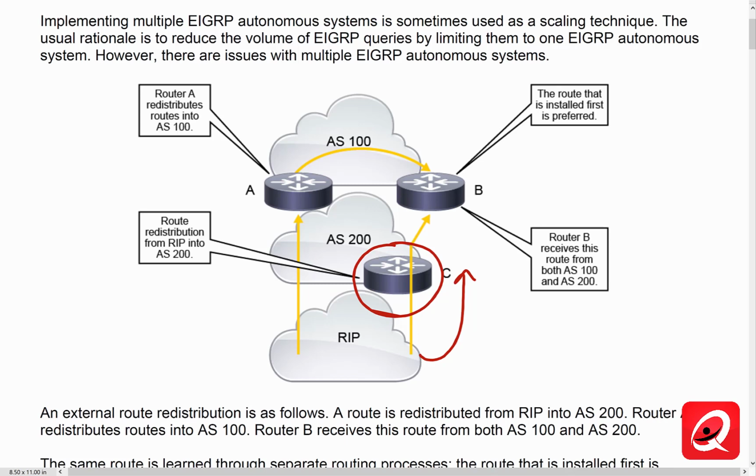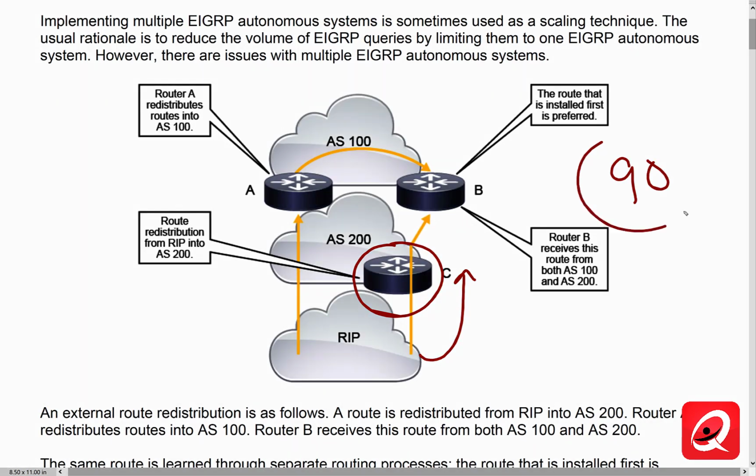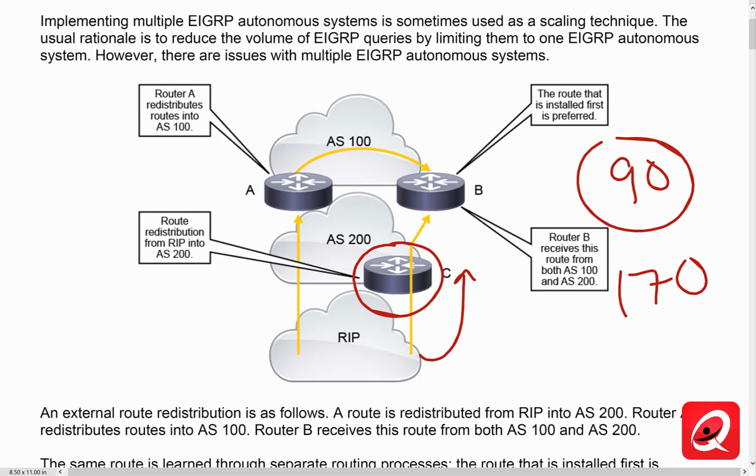Now, there is a concept in routing called administrative distance. Administrative distance is a big thing to consider, especially with EIGRP. The default administrative distance for internal EIGRP routes is 90, and the administrative distance of external EIGRP routes by default is 170.